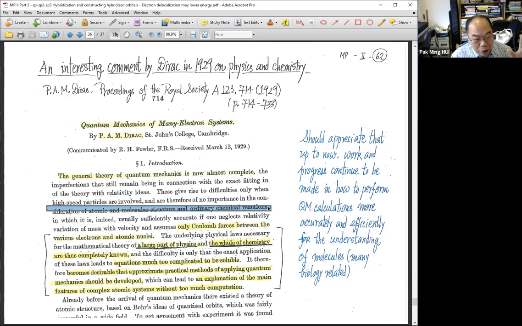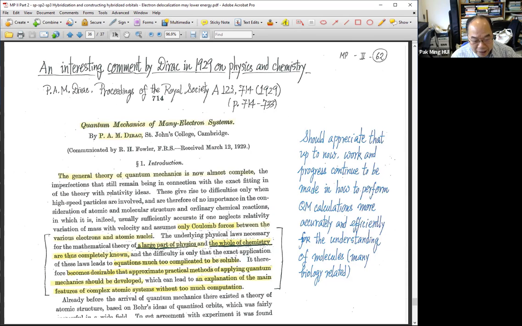So appreciate that Dirac was concerned about the physics of atoms, molecules, and chemical reactions, as we are doing now, okay? Not only the Dirac equation, QED, things like that. He knows the field very well.